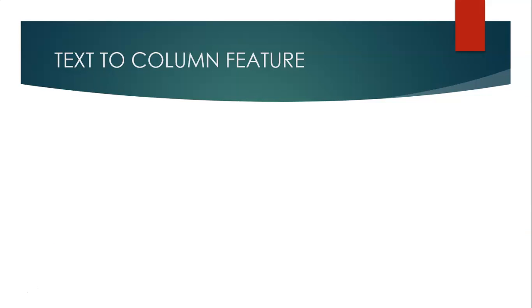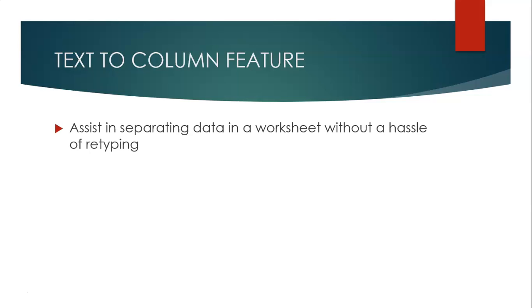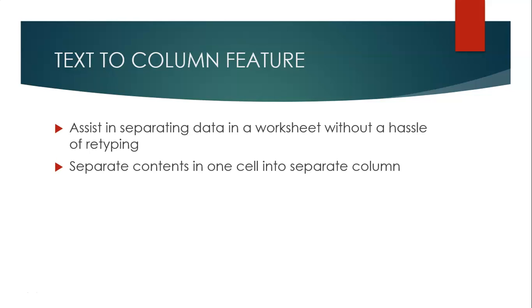Okay, let's have a look at the text to column feature. Sometimes when we copy our database from documents, the data comes in as text. With the text to column feature, we are assisted in separating the data where there are two data in one cell, so we can split them into two columns, two fields.